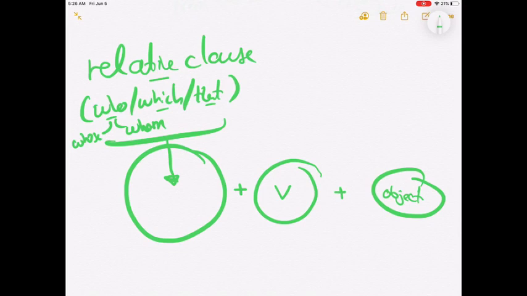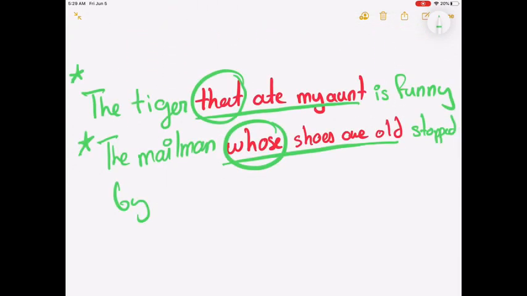Okay? So, for example, let's look at these sentences as examples. As you can see, in both of these cases, the highlighted in red is the relative clause, or the who, which, that clause. As you can see, in both cases, we have the relative pronoun, or the who, which, that, whose, whom.